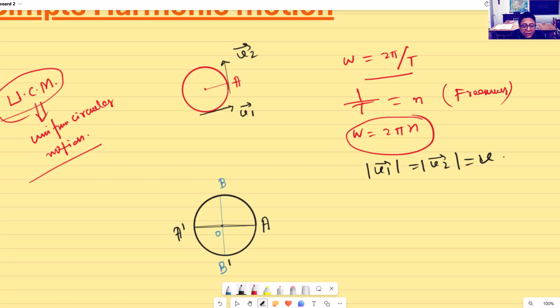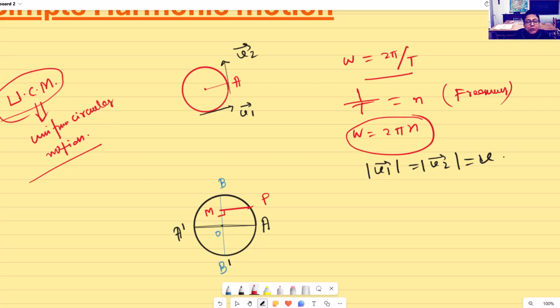When the particle is situated at the point P, let us draw a perpendicular from this point to the vertical diameter. PM is the perpendicular, so M is the foot of perpendicular.